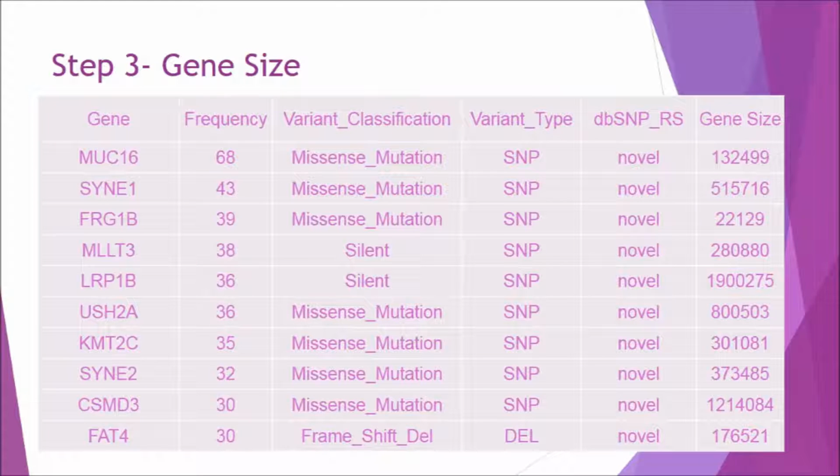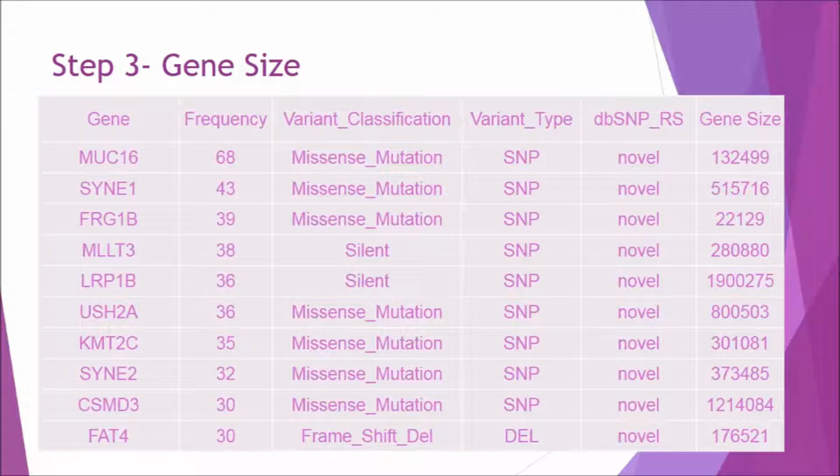Now, I also included gene size into the study, and the reason why I did this is that when we're talking about chance, we have to think about the size of these genes as well. So imagine you have a large bowl in front of you and a small bowl in front of you. And let's say you're throwing a small ball from a distance, so you have a higher chance of hitting into the larger bowl rather than the smaller bowl. So this is the same thing with mutations.